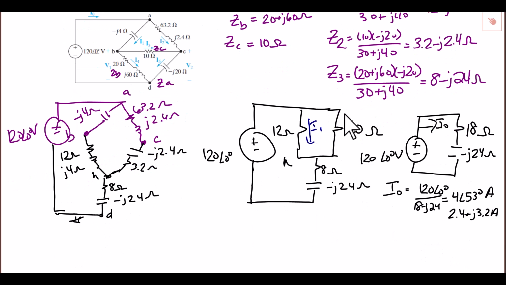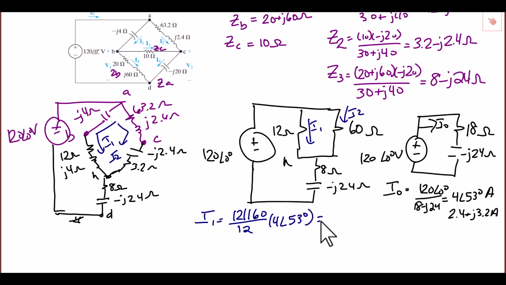Next, we will use the current divider to find I1 and I2. And we see that they divide I naught, so I1 is equal to 12 in parallel with 60 divided by 12 times I naught, which is 4 with an angle of 53 degrees.